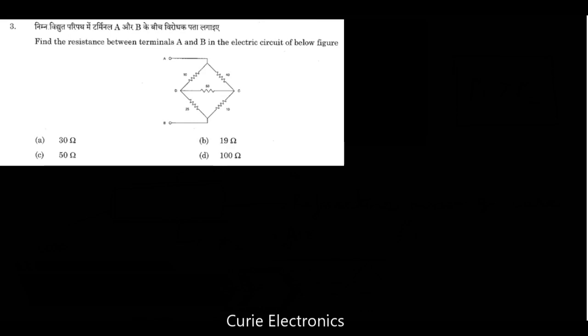So here we have to use a delta to star conversion. This is the question. See this part: this delta network of 3 resistors I am going to replace with a star network.